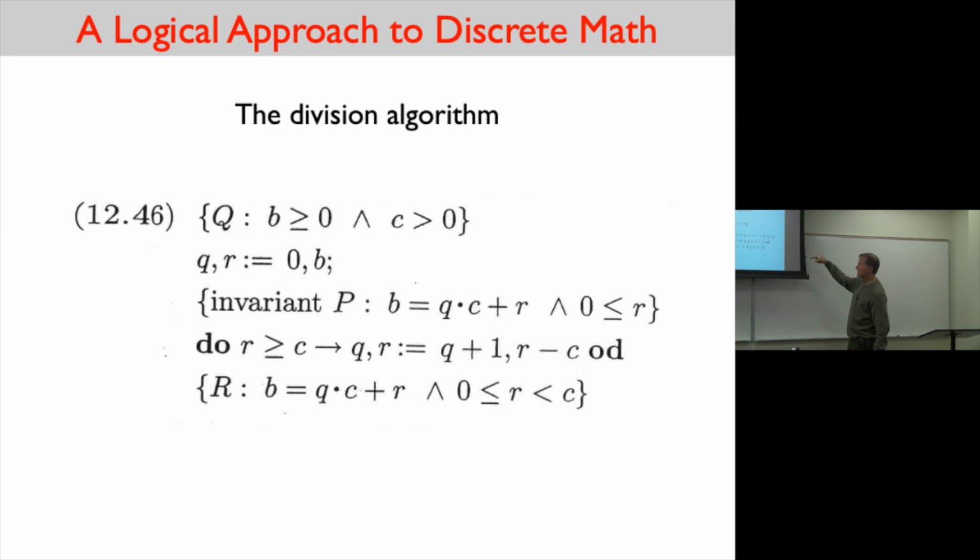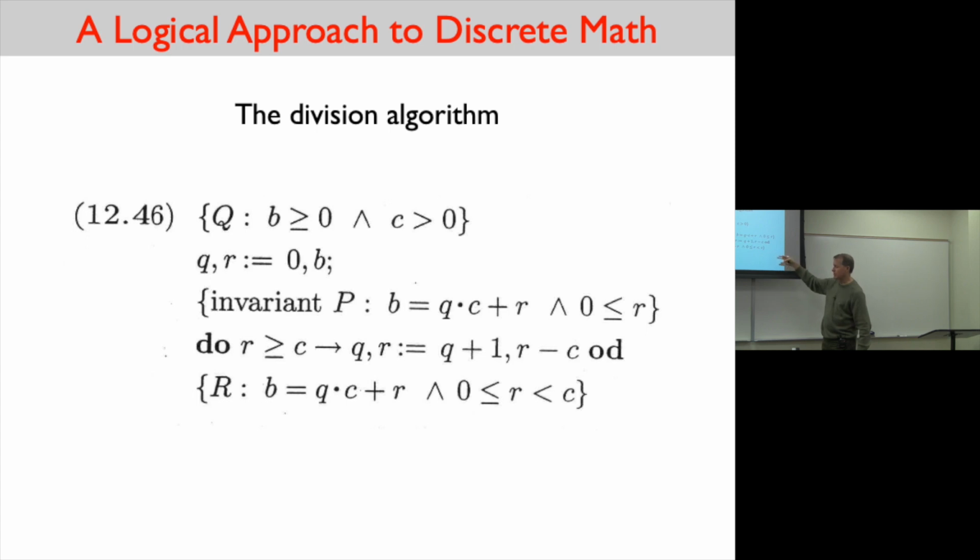By the way, you notice how this works: if you look at the body of this do statement, Q gets Q plus 1.